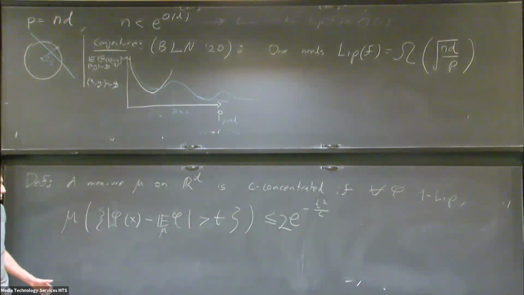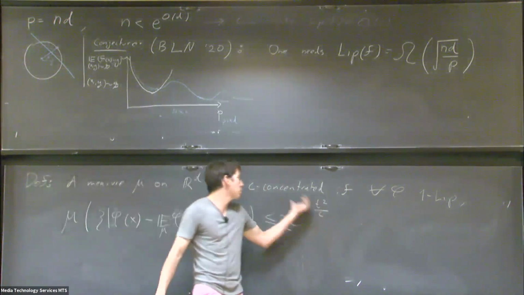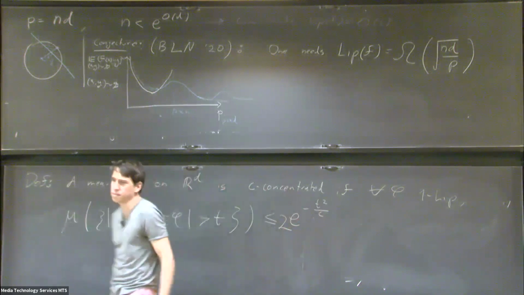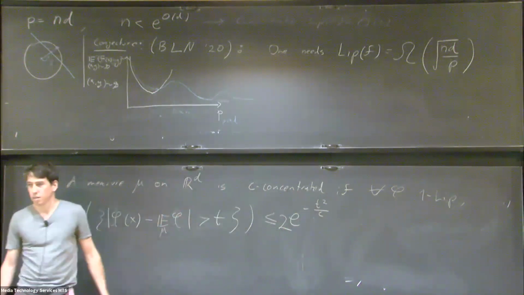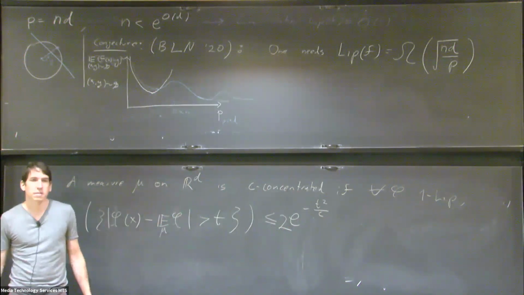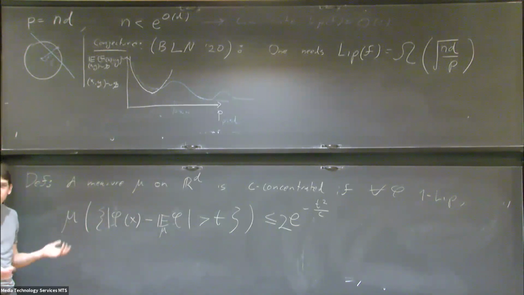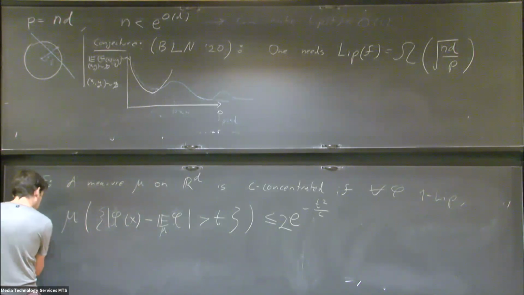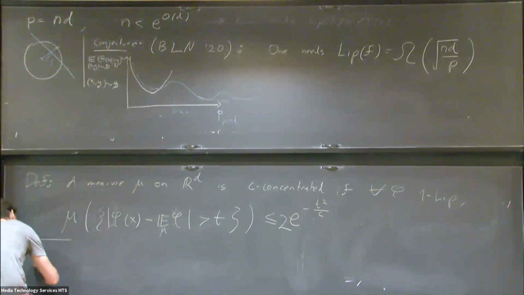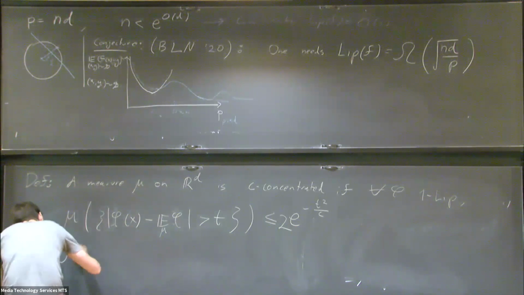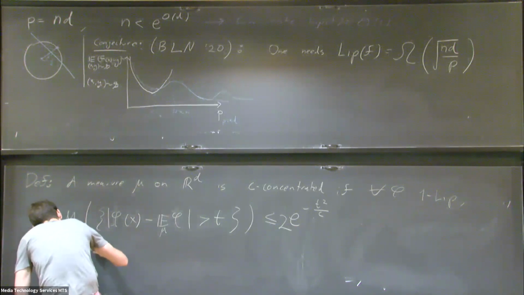So Lipschitz functions have sub-Gaussian tails. This is a very natural definition. Some examples that satisfy it: if you have a product measure of nice enough variables, or maybe the main case to think about is the uniform measure on the sphere.